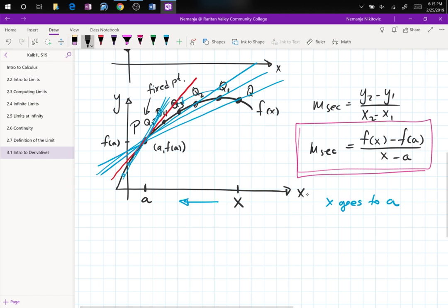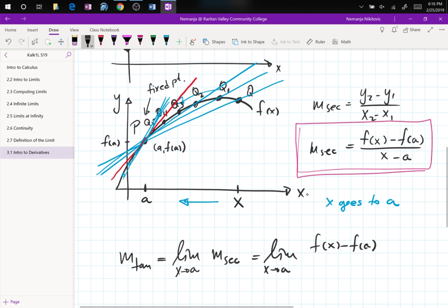So, m tangent, the slope of the tangent line, is the limit as x goes to a of m secant, which is the limit as x goes to a of f of x minus f of a divided by x minus a.